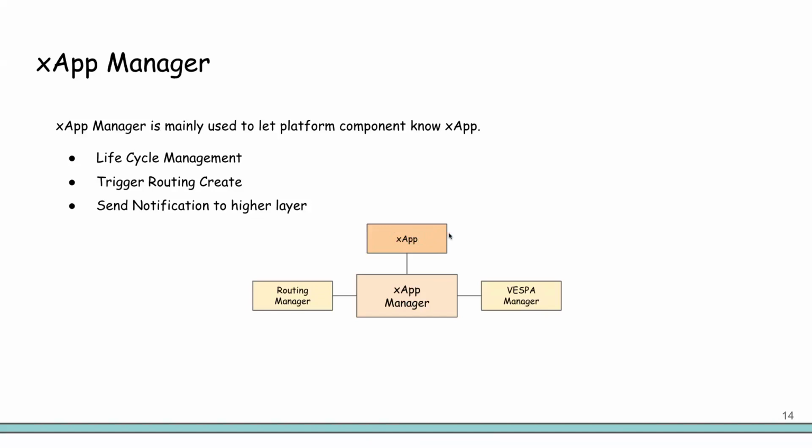The xApp may use registration with the xApp manager. Then it will tell the routing manager that this xApp wants to support some messages and communicate with whom, and update the routing table. Also, the xApp manager would tell the VESPA manager about the metrics it supports, to provide metrics to the higher layer. Okay.